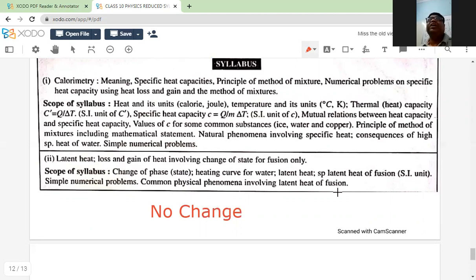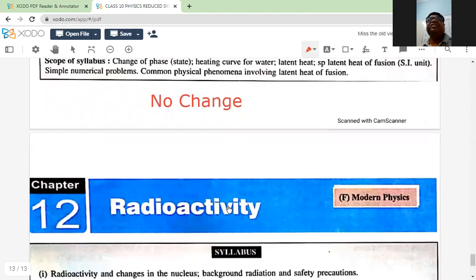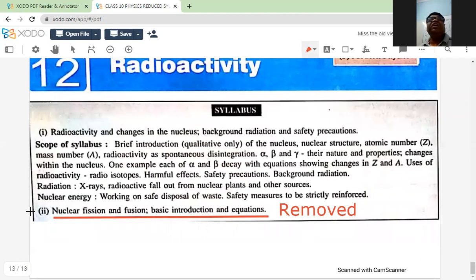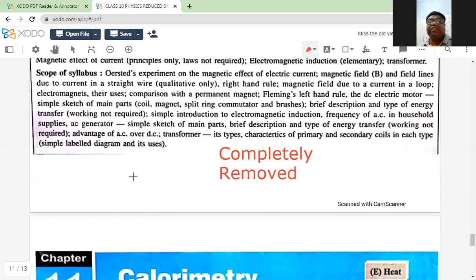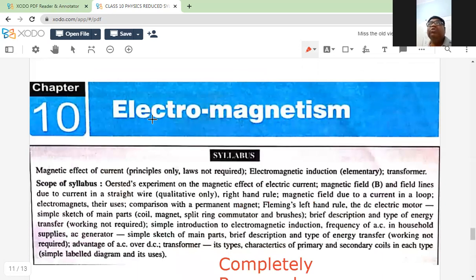It is included. So this is one change from last year. It's clear. In radioactivity, second part, nuclear fission, fusion and basic introduction and equation, that has been completely removed. So I think that it is very clear to you. You will not have any problem.